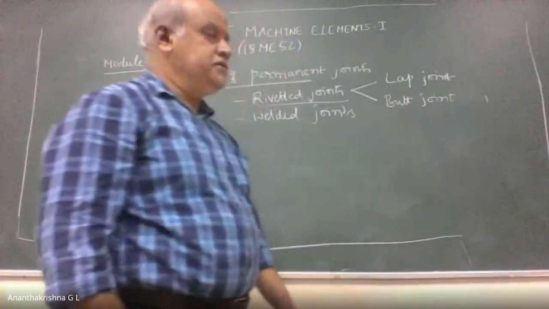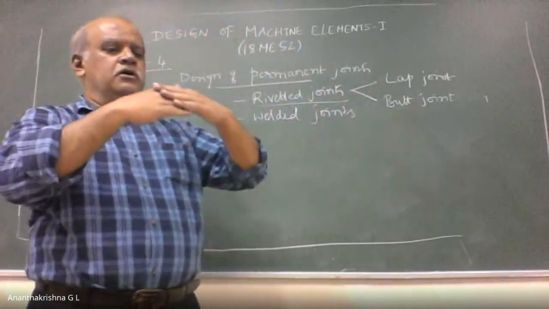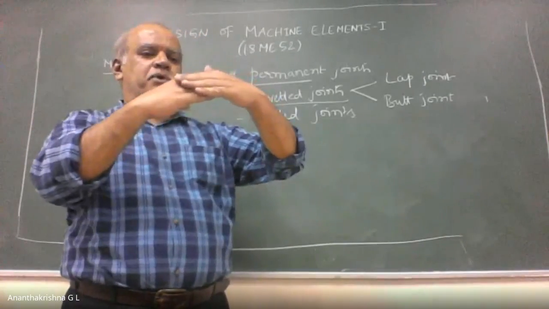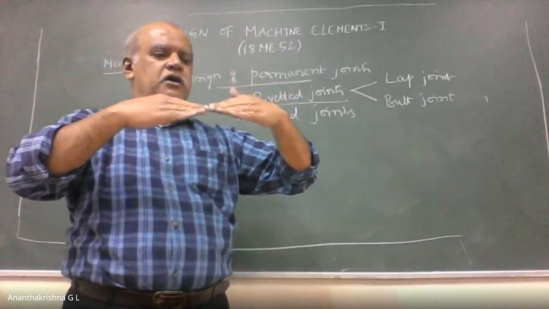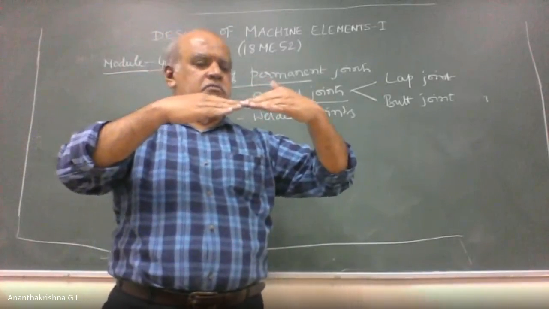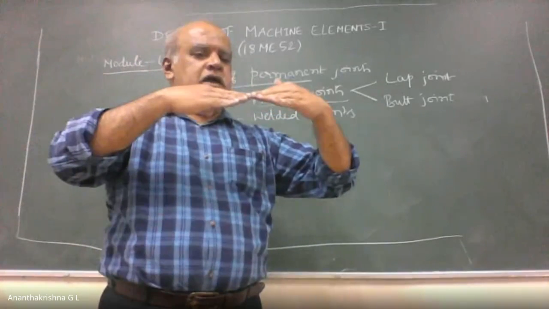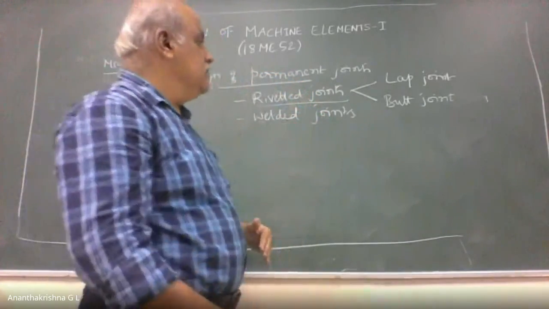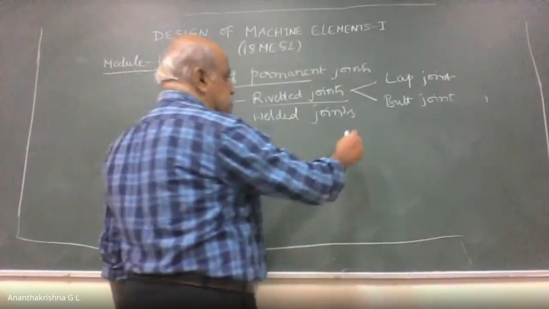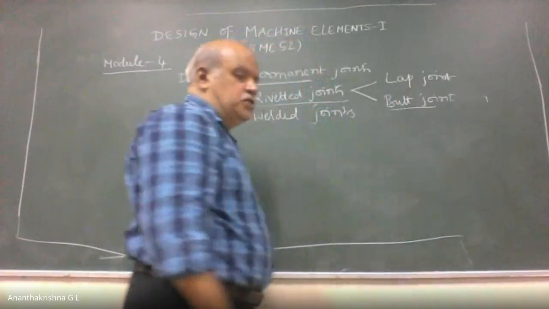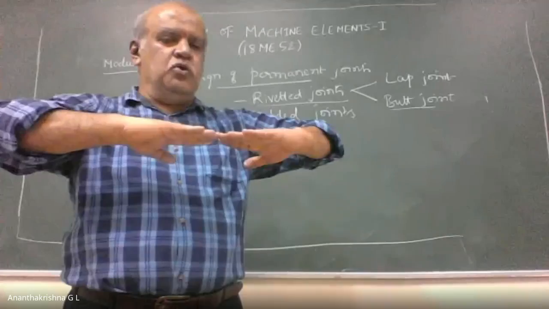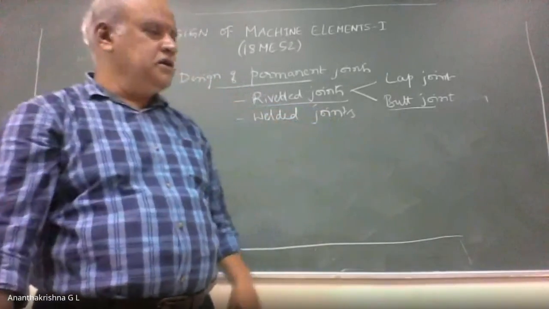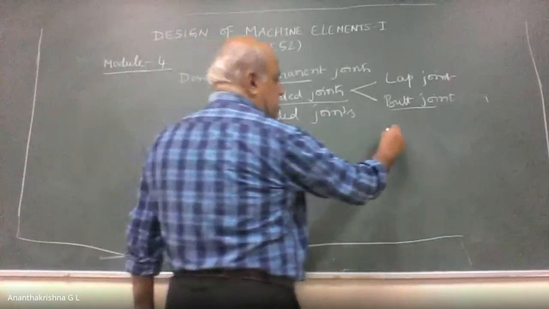In a lap joint, two plates overlap with each other and riveting happens there. In a butt joint, two plates are held side by side, and using a cover plate above and below, we have the riveted joint.